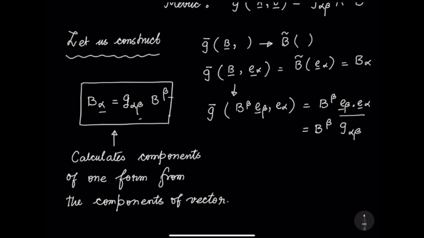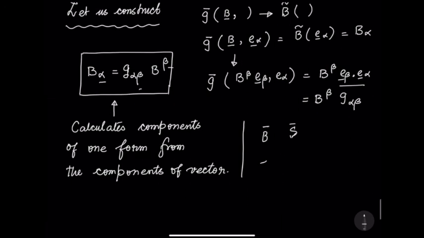Okay, so now we have seen that if I give you a vector b in a coordinate system, say S, I can associate a few things with it.